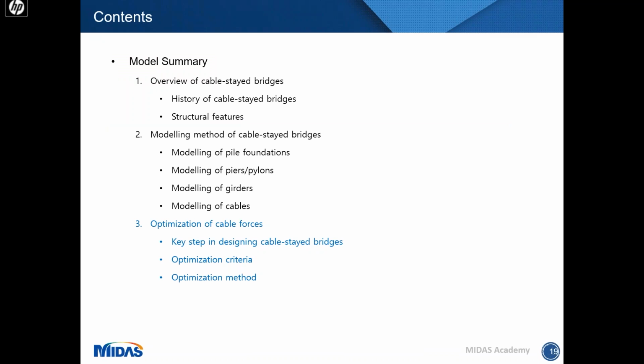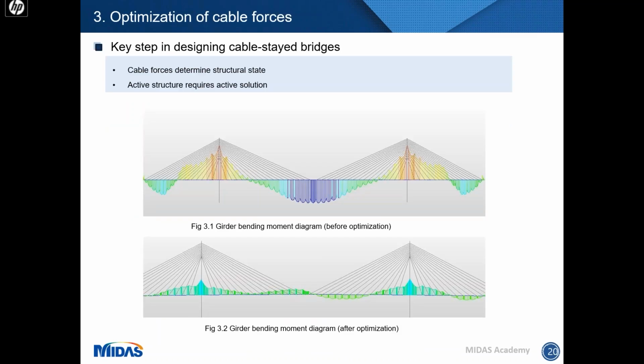Now let's move to the third part, optimization of cable forces. Cable forces are very important to cable stayed bridges because they determine the structural state. Look at figures 3.1 and 3.2. These are girder bending moment diagrams of the same bridge.